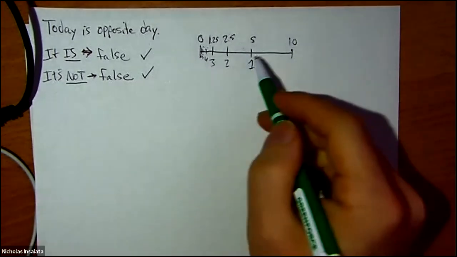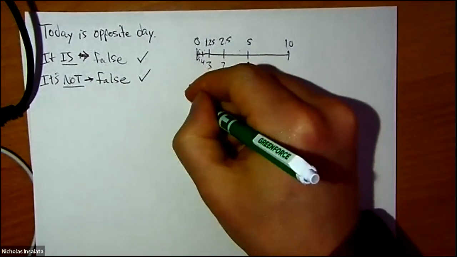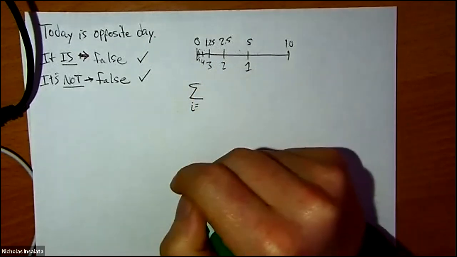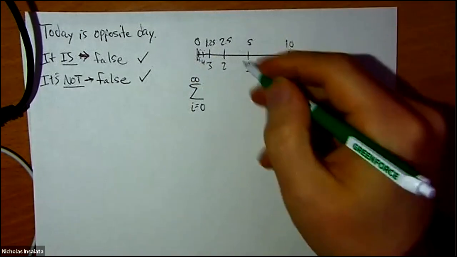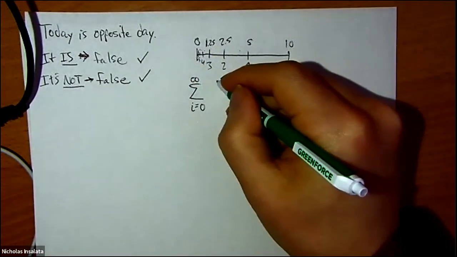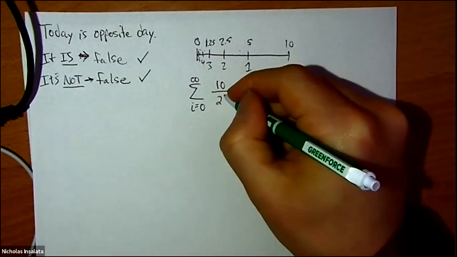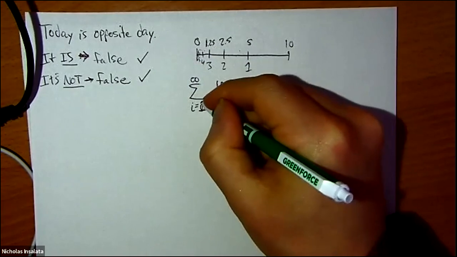So as we add together, from i equals 0 to infinity, the step size, which is 10 divided by 2 to the ith power, I guess that would be from i equals 1 to infinity, right?